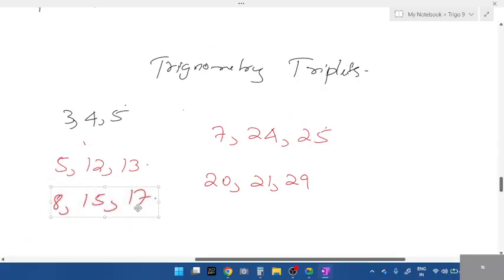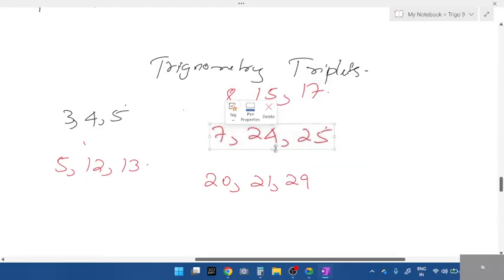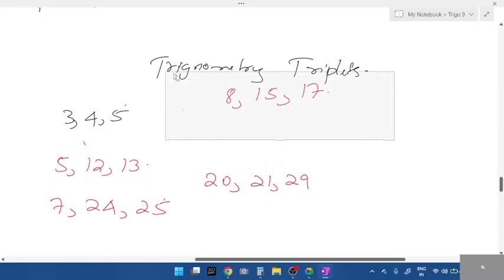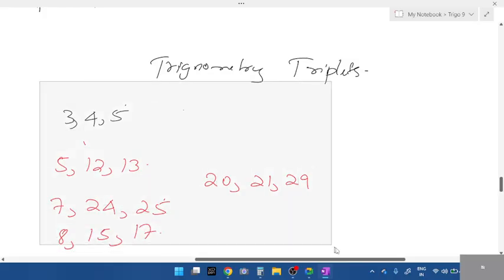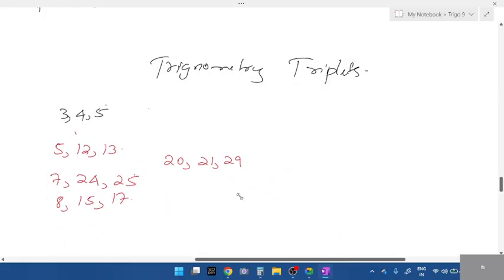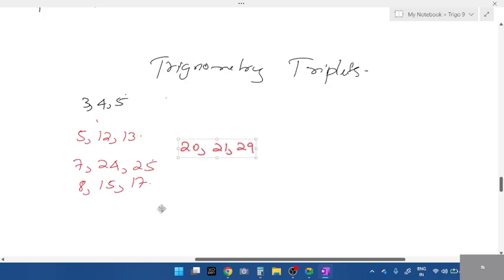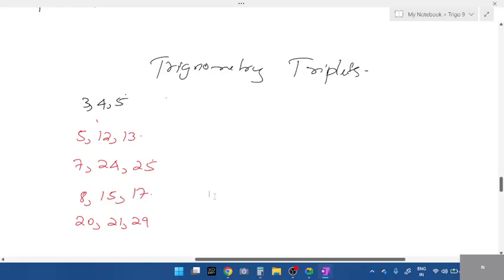Or you can write it as numbers. Look here, order like this. See, all the left hand side are smaller values: 3, 4, 5. After that, 5, 12, 13.